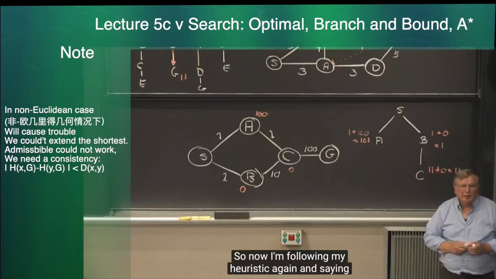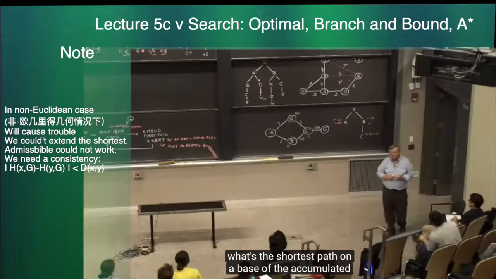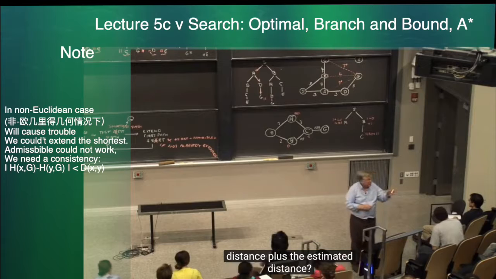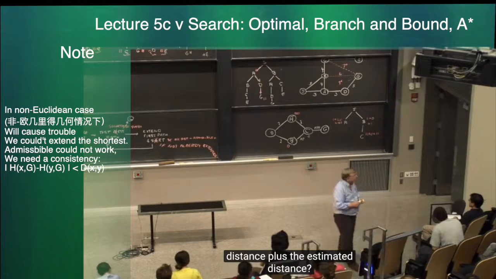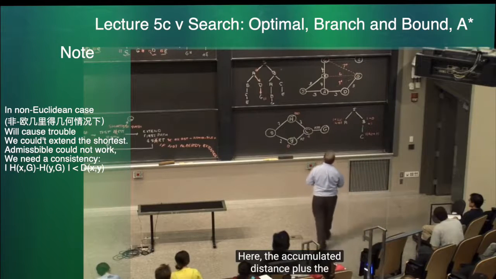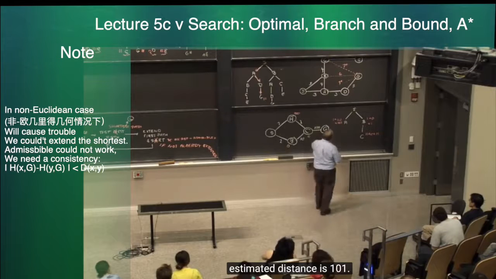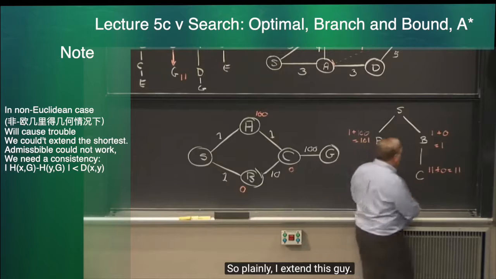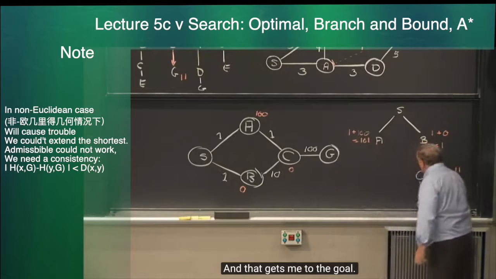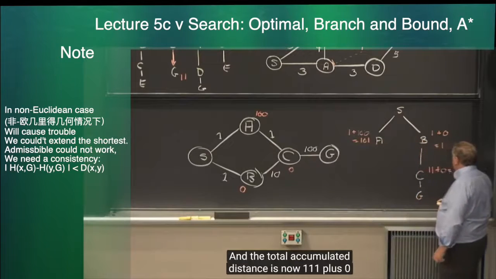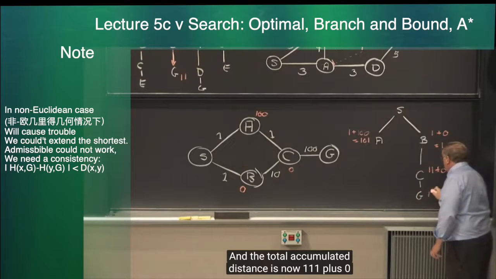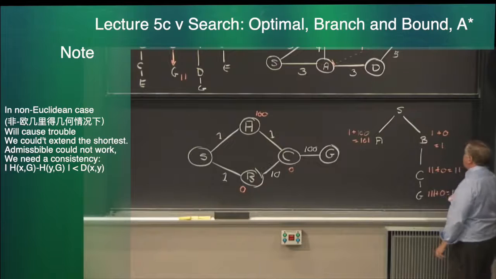So now I'm following my heuristic again and saying what's the shortest path on the basis of the accumulated distance plus the estimated distance. Here the accumulated distance plus the estimated distance is 101. Here it's only 11, so plainly I extend this guy. And that gets me to the goal. And the total accumulated distance is now 111 plus 0 equals 111.